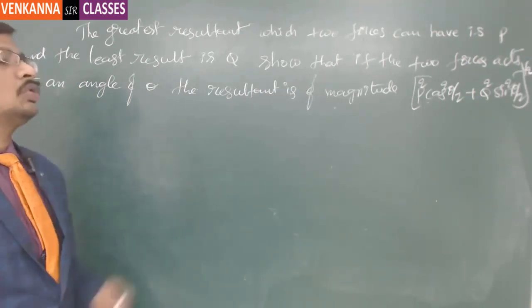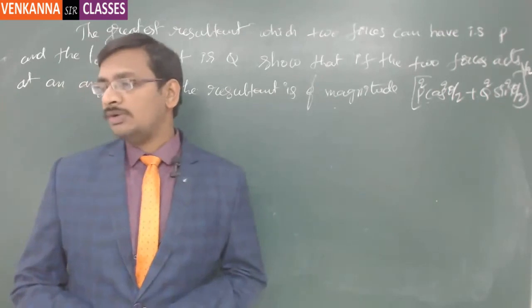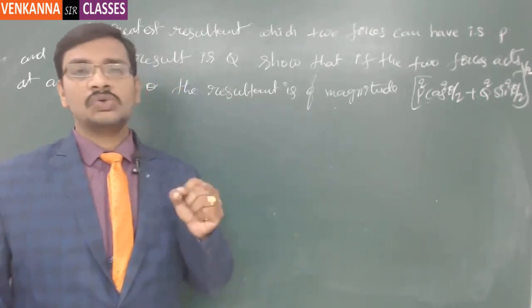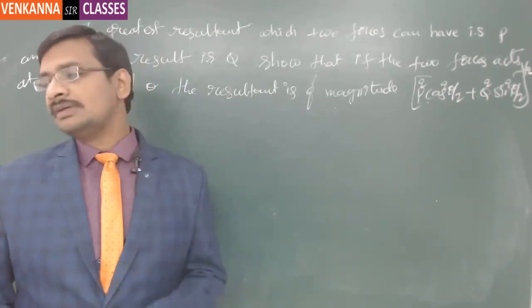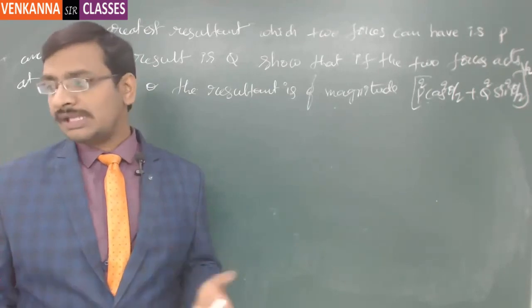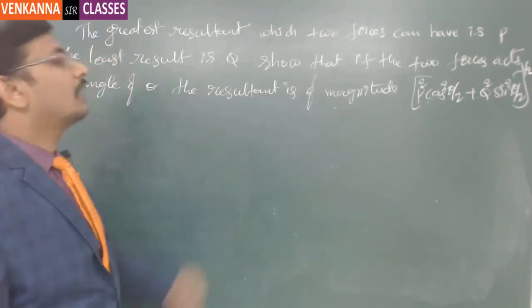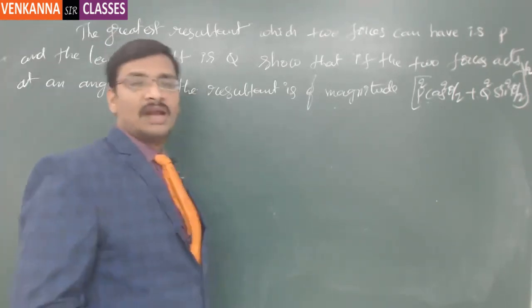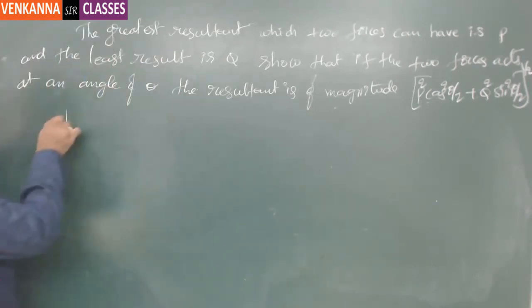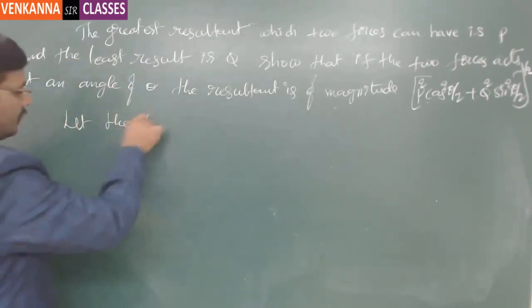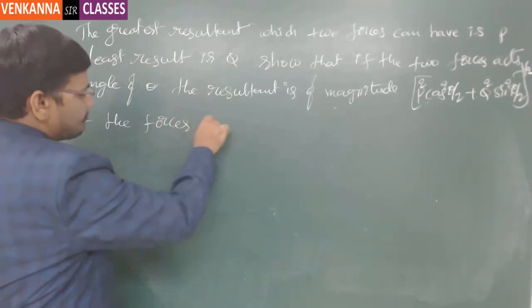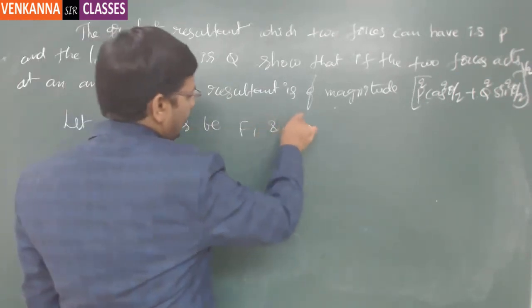See, two vectors can have maximum value only when these two forces act exactly in the same direction, or on the same line, right? So that means the greatest magnitude is P. Let the forces be F1 and F2.